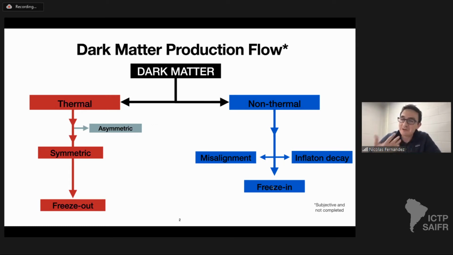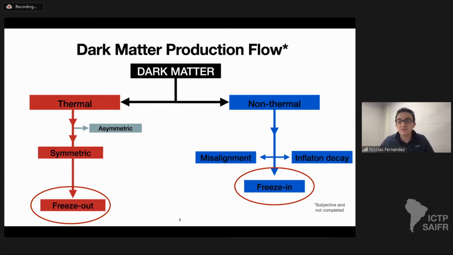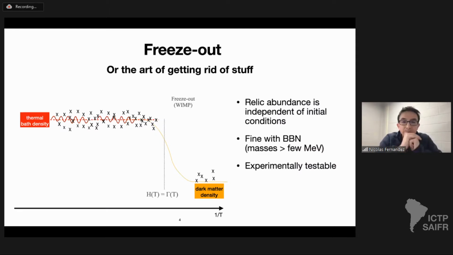I don't know how thermal it is, because the relic abundance is set by the asymmetry. But if the dark matter is symmetric, we have the freeze out mechanism. And of course, we have co-annihilation and all the different ways to produce dark matter. But I'm just putting these two because my main focus will be the freeze out and freezing mechanisms.